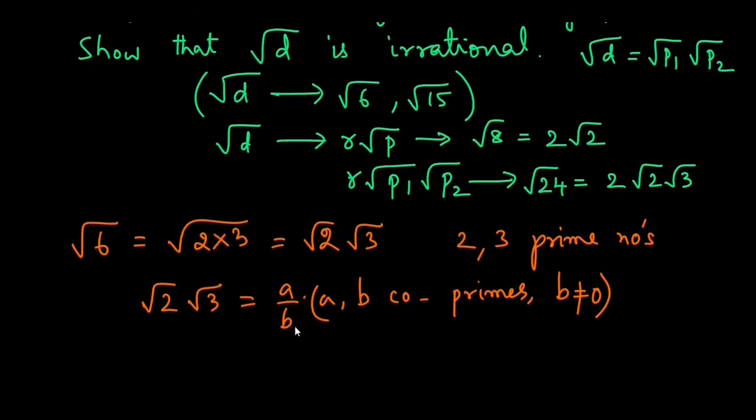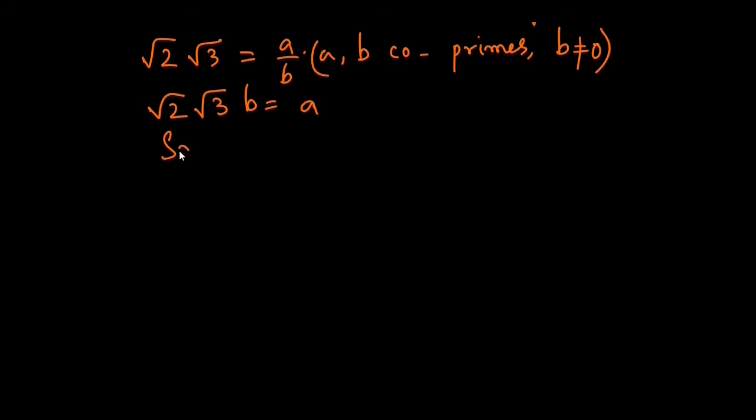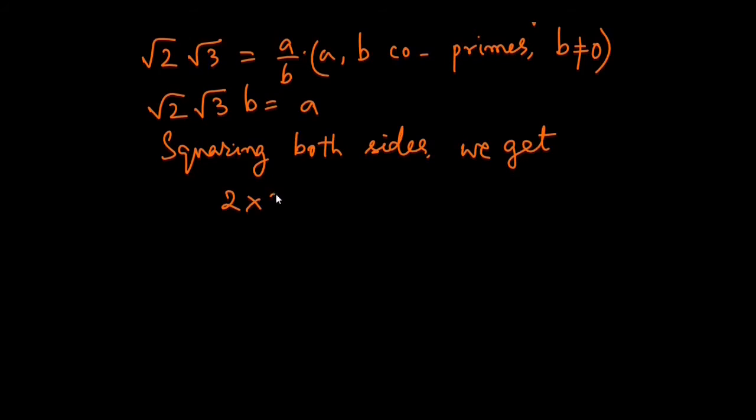We can equate it to a by b, where a and b are co-primes and b is not equal to 0. By squaring and rearranging, we will get this result. Root 2 into root 3 b is equal to a. Squaring both sides, we get 2 into 3 b square is equal to a square.